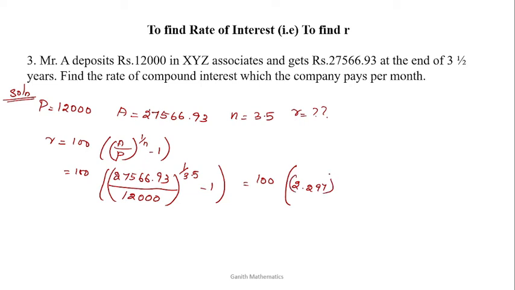The whole power 1 divided by 3.5 will be 0.2857, minus 1, which is equal to 100 into 0.2682, and that is 26.52% rate of interest. Okay, so this is the final answer. We'll move to the next problem.